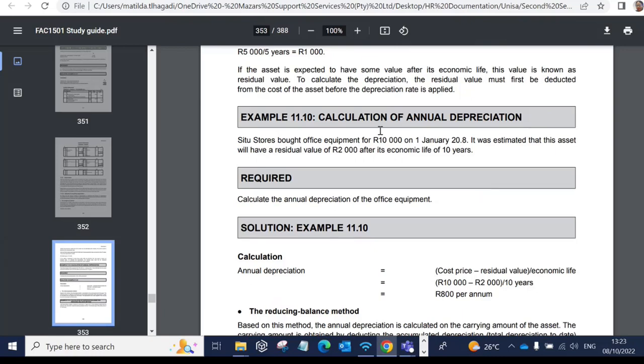Are you with me? Yes. So it's either 10% or you say divided by 10 years.